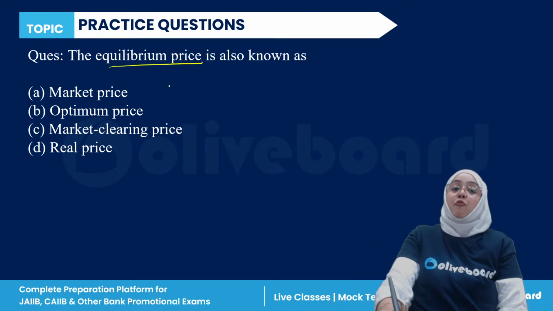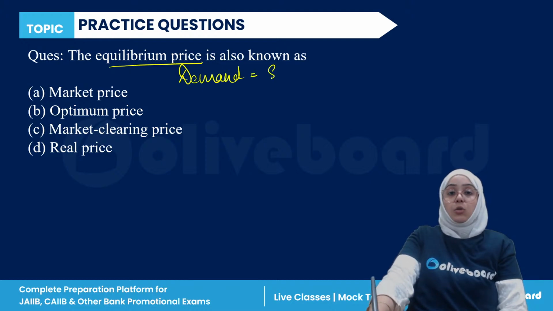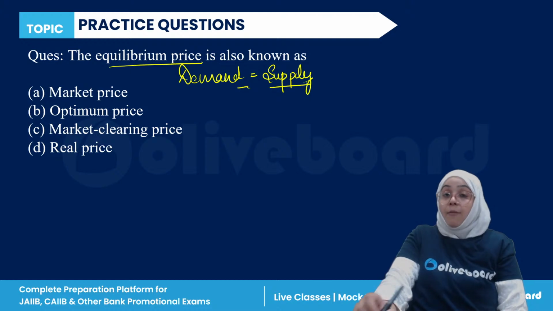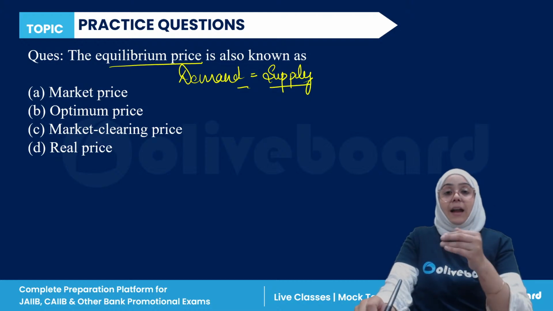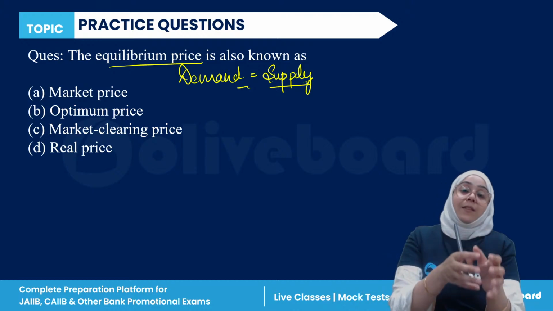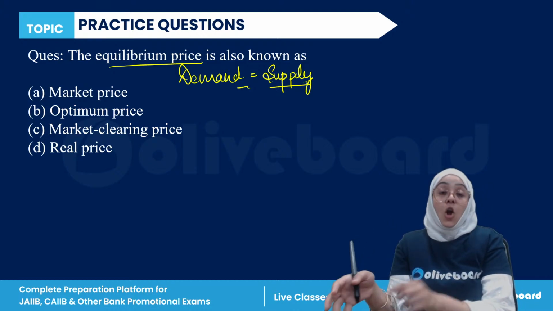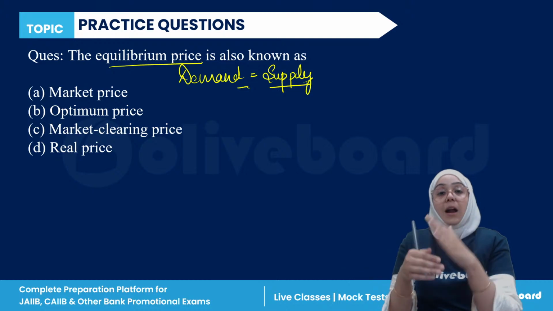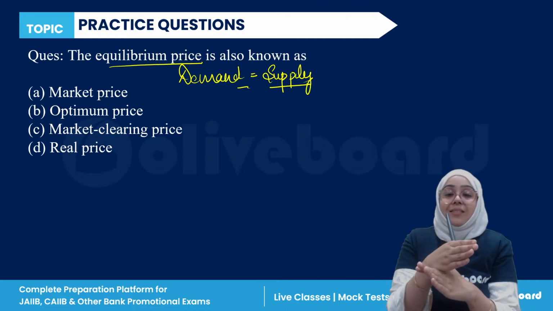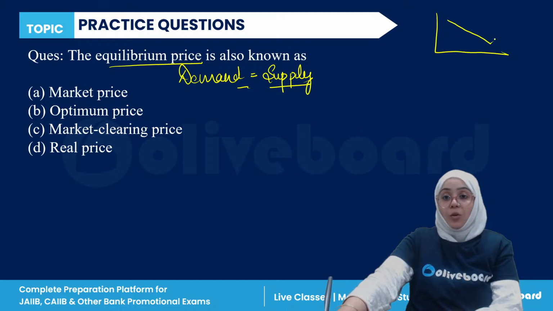Equilibrium price is where demand is actually equal to supply. So when demand is equal to supply, when the buyer is satisfied with the seller, or when the law of demand is satisfied with the law of supply, or you can say when the demand curve intersects the supply curve. The law of demand curve is downward sloping. This is the law of demand, right?